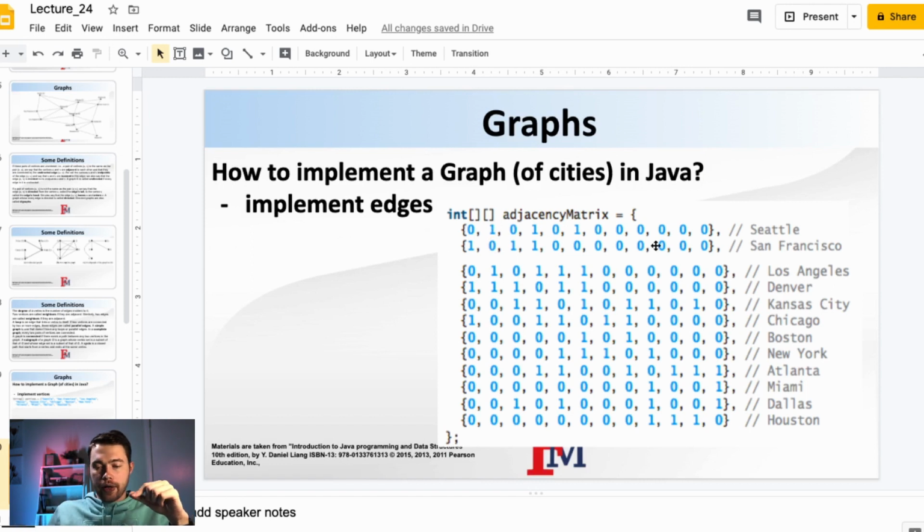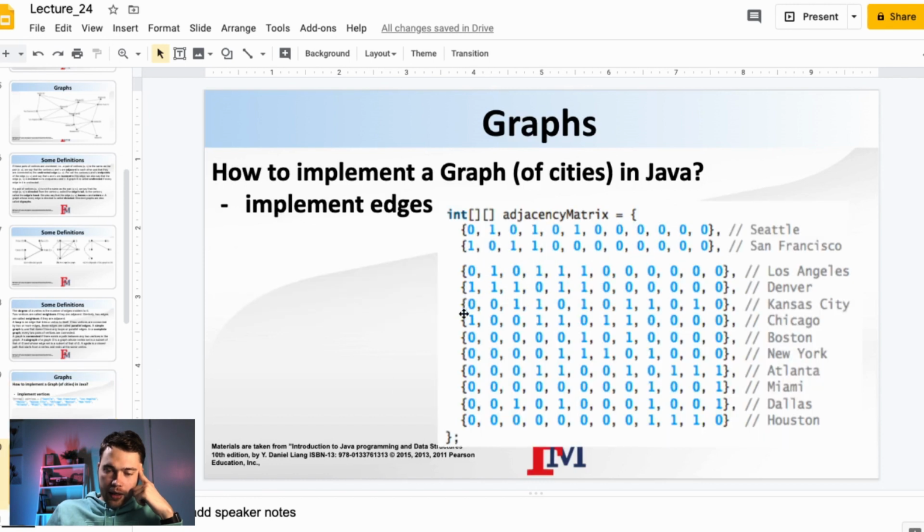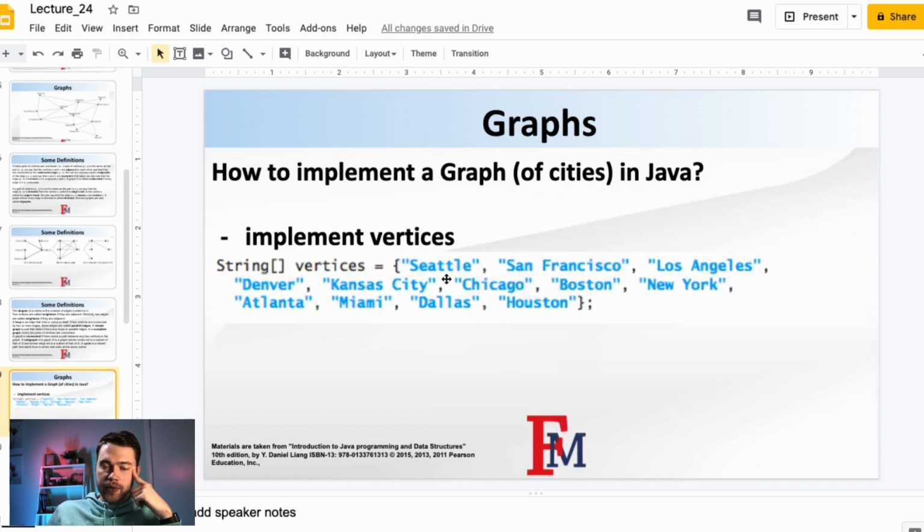For example, we see 1 here. 1 means San Fran. What are the coordinates of this 1? It's the 0th row, first column, which means there is a connection between Seattle, which is 0, and San Fran, which is at the first position.